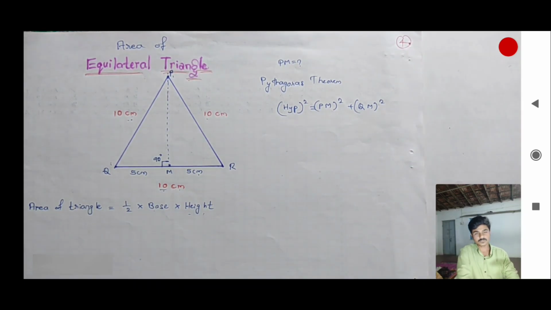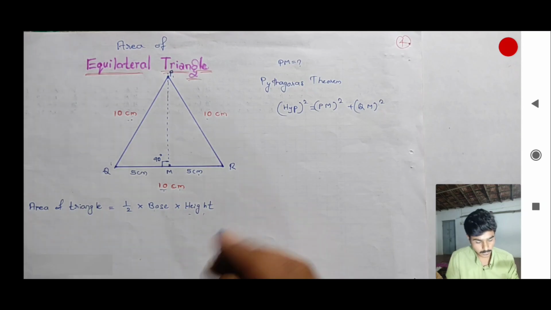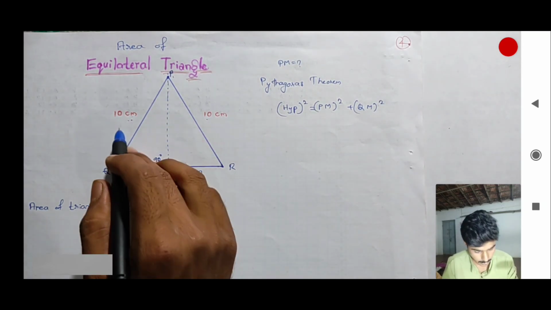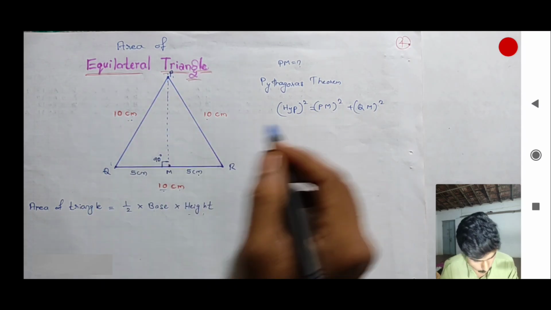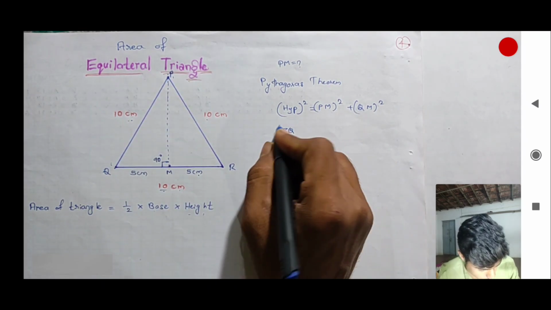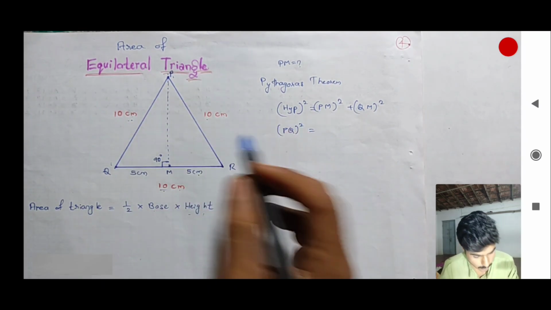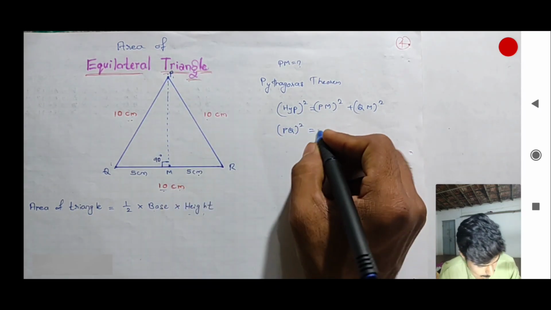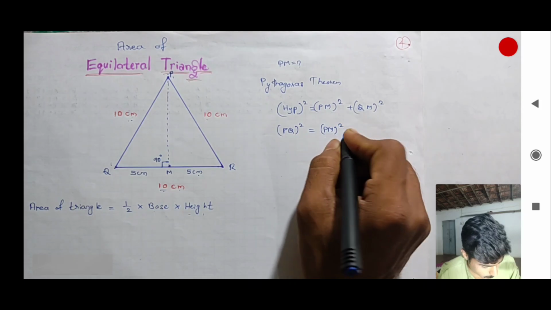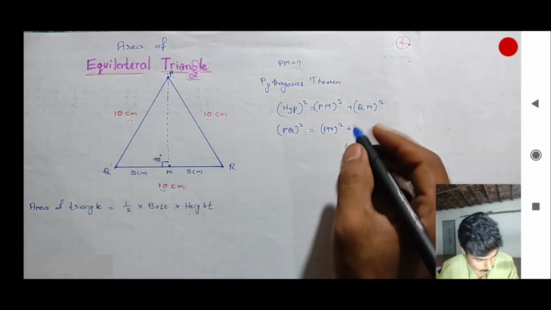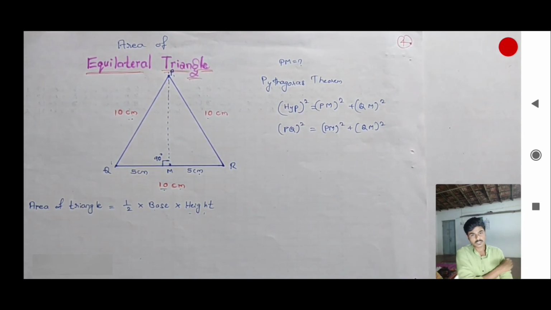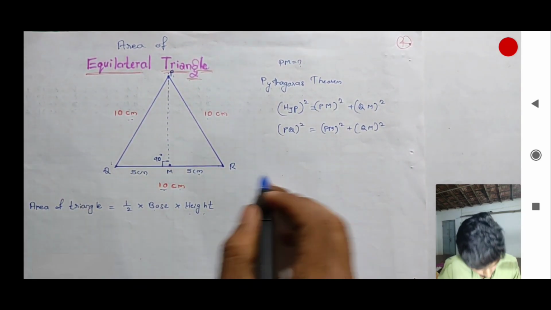Means Pythagoras theorem says hypotenuse square will be equal to sum of the squares of other two sides. So here hypotenuse is PQ, its square will be equal to the sum of the squares of other two sides. So one side is PM square plus other side is QM square.